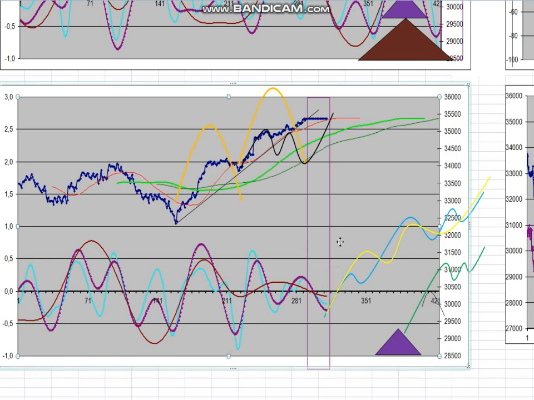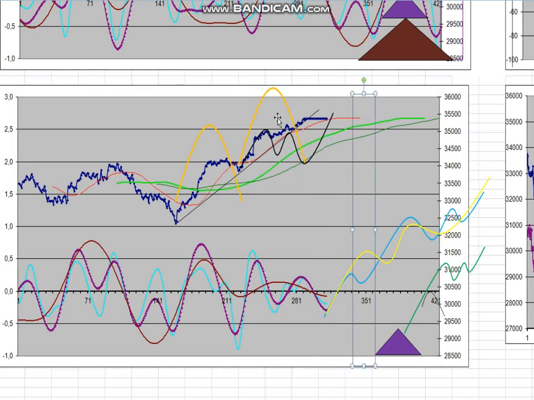But I can't see a 2-week oscillation low here, unless actually this is a low and we shoot to the upside. But at this point, looking at my wavelet and this trend line, it certainly looks like the market should have a reaction to the downside here.